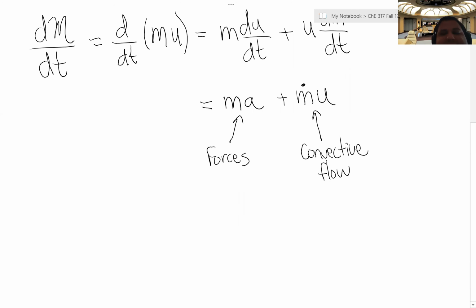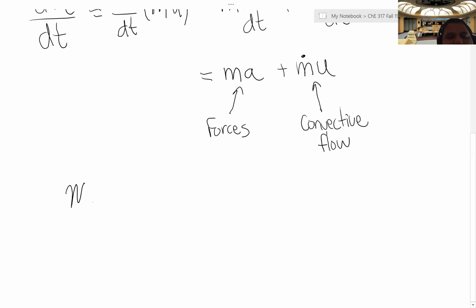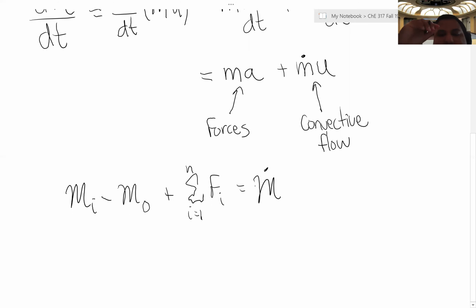And so what that means is when we're looking at momentum balances, which I can also write as momentum in minus momentum out, plus the sum of any forces, m dot, which is essentially dm/dt.